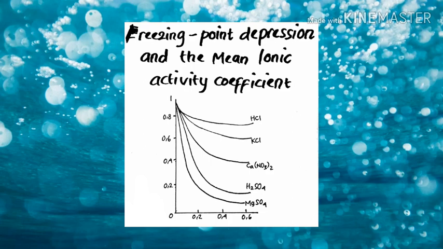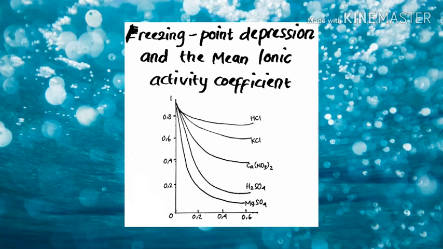The values of γ± are nearly independent of the kind of ions in the compound so long as the compounds are of the same valence type. For example, KCl and NaBr have nearly the same activity coefficients at the same concentration, as do K2SO4 and Ca(NO3)2.